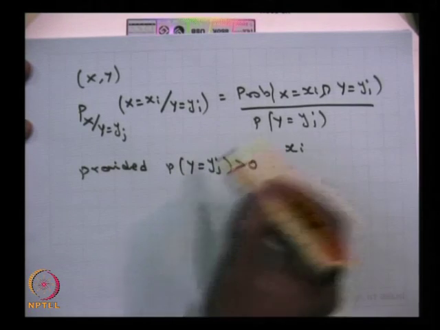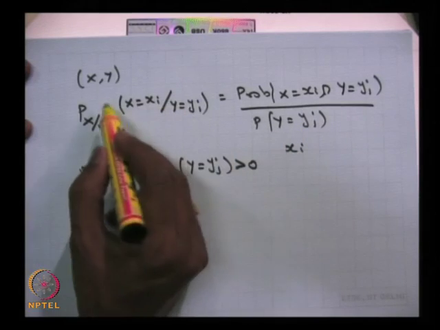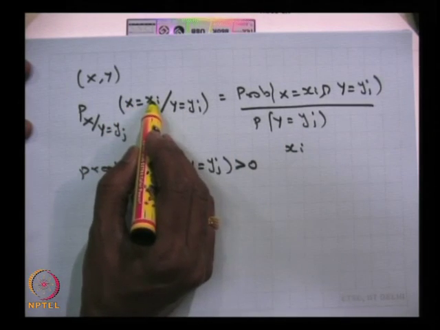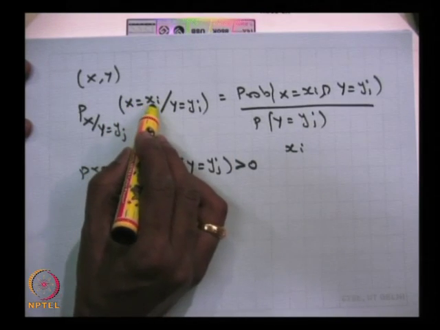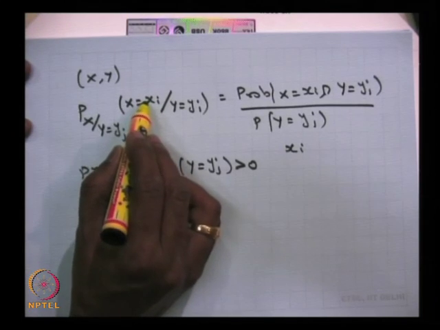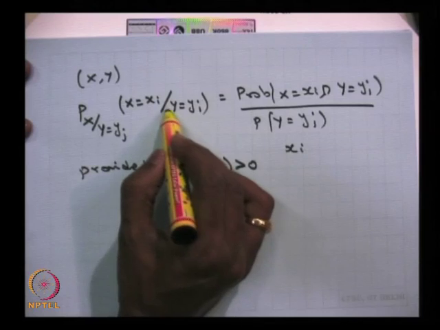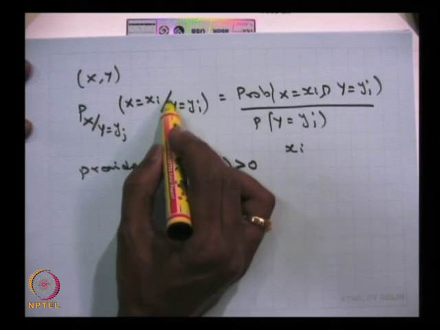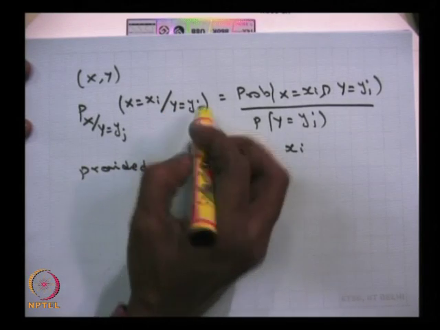If this happens already, then what is the probability that the random variable x takes the value xi? That means our interest is still to find the distribution of x only, given the situation that the other random variable y takes the value yj.